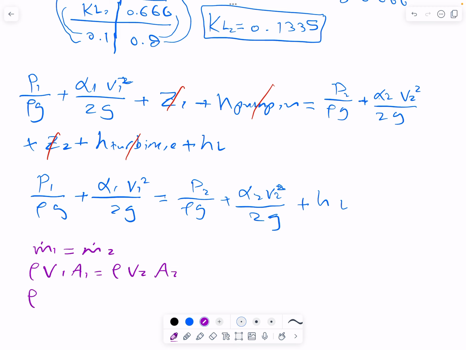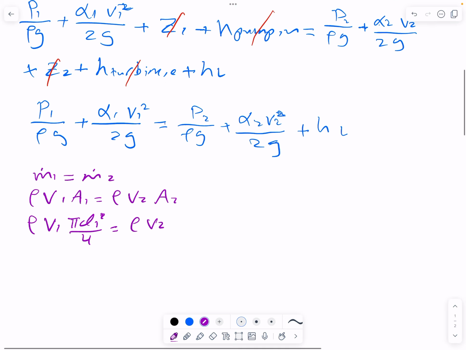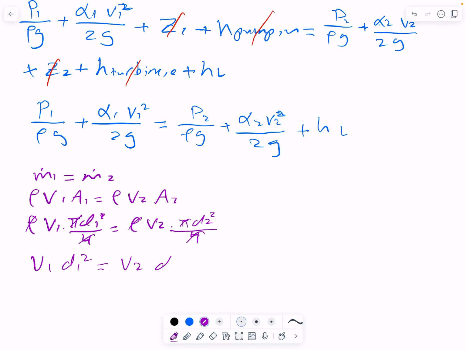So rho times V1 times D1 squared over 4 is equal to rho V2 times D2 squared over 4. So we will cancel the similar things. We have rho on both sides, we have 4 on both sides, we have pi on both sides, but V1 times D1 squared equals V2 times D2 squared.